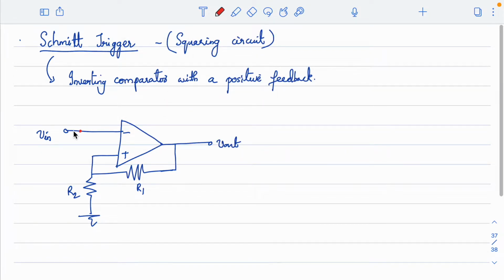When there is a change in the input signal, that will definitely create an output, because since it is an inverting comparator, whenever the input signal goes positive, we can expect that the output will go to minus Vsat. So let us look at the operation of the circuit by looking at the waveforms.